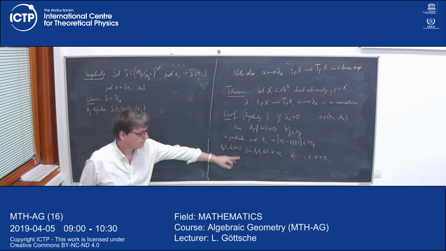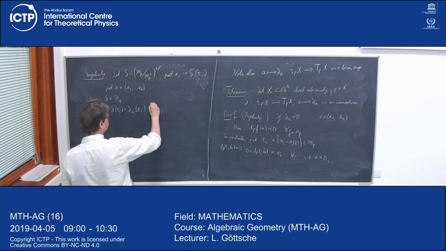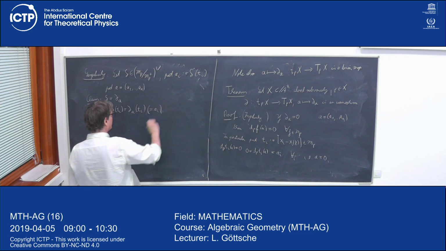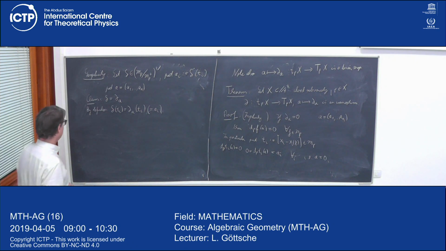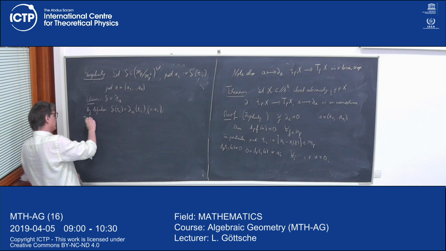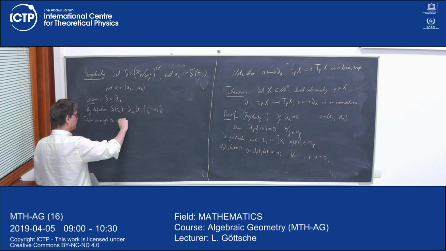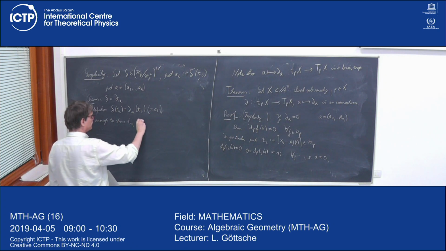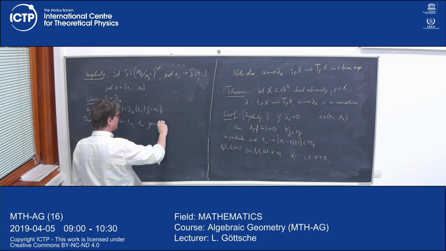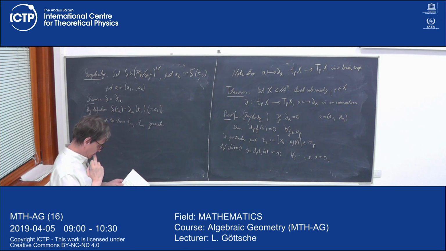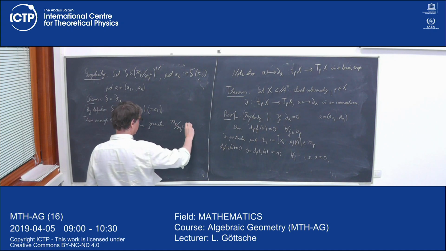Because this was A_i, we had just seen this before. So it is enough to show that T_1 to T_n generate M_P modulo M_P squared as a vector space.